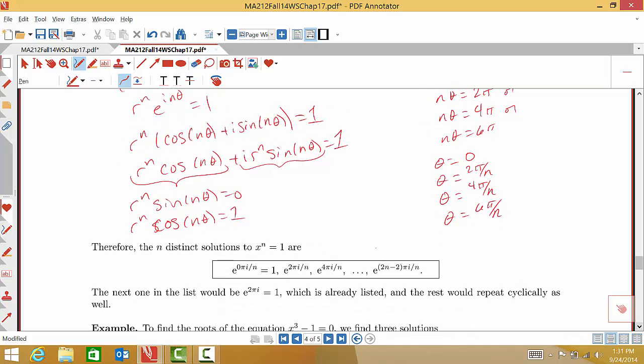So x equals e to the i times, what's this pattern? This is 2 pi times some integer k over n, and it is a solution to x to the n equals 1 for any k.